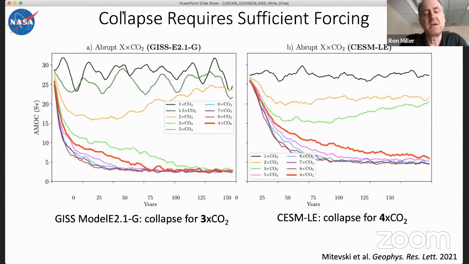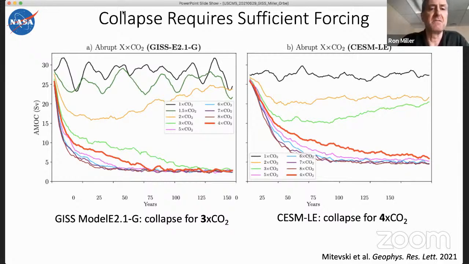Whether or not the AMOC collapses seems to require sufficient forcing or sufficient warming. So this shows results, actually from Ivan's paper again, basically for two models, GISS E2.1G and the CESM large ensemble model, and it shows that if you abruptly increase CO2 by some constant, then for larger values of that constant, you are more likely to see a collapse.